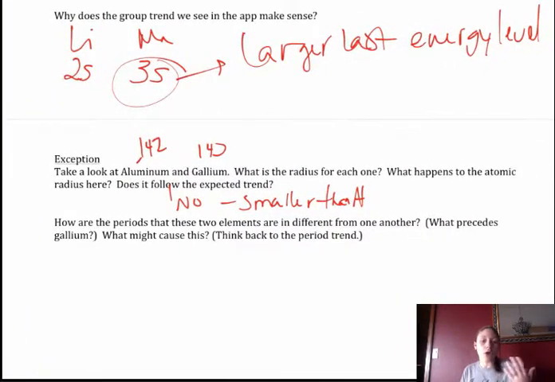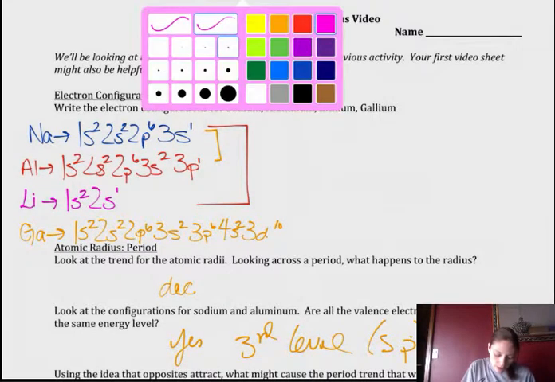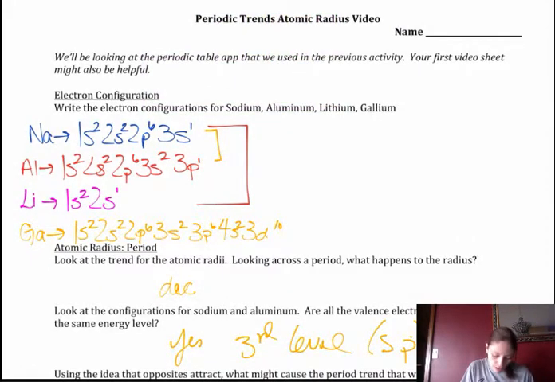So how are the periods that these two elements are in different from one another? What precedes gallium that doesn't precede aluminum? Let's look at these last two. I have aluminum and gallium. Aluminum is 1s2, 2s2, 2p6.